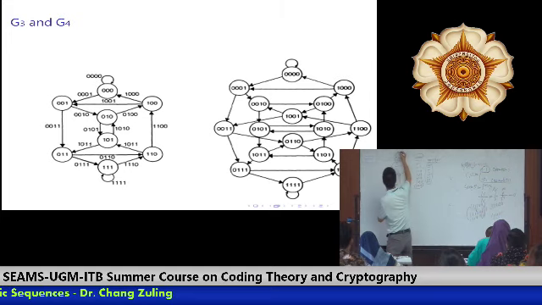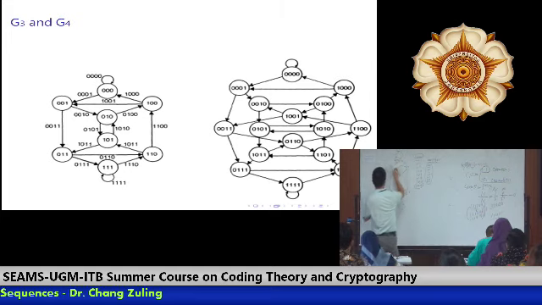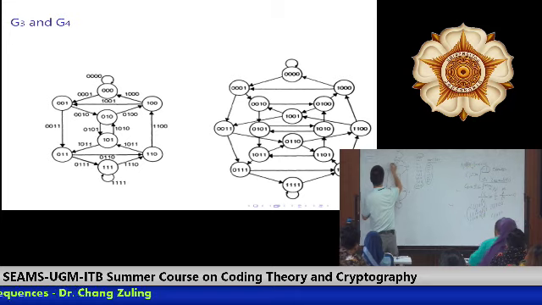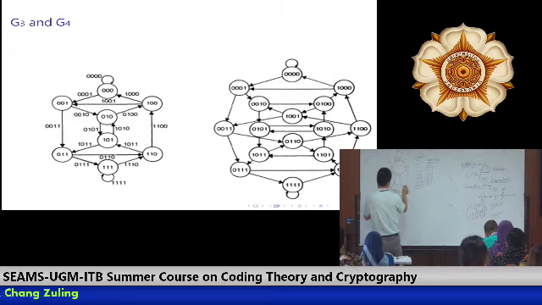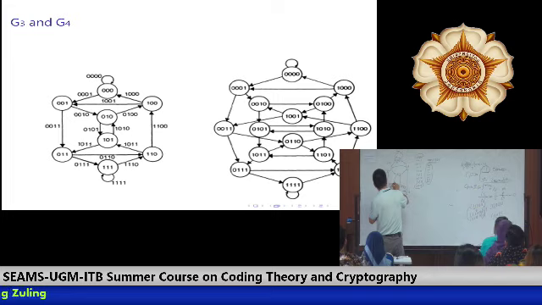This will be 0, 0, 0. This will be 0, 0, 0, 1. This will be 0, 0, 1, 1. Will be 0, 1, 1, 1. 1, 1, 1, 1. Will be 1, 1, 1, 0. This will be 0, 1, 1, 0. This will be 1, 1, 0, 1. This will be 1, 0, 1, 1.